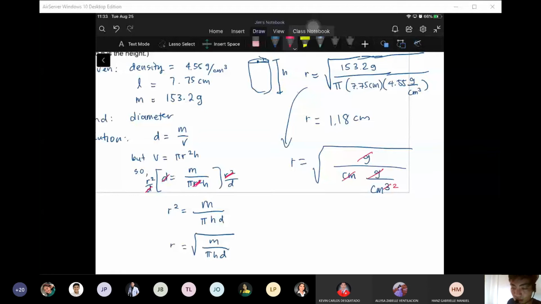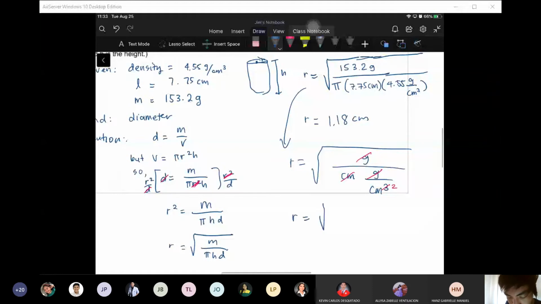So pwede natin sila i-cancel. By the way, when solving, please check the units always para hindi tayo naliligaw. Okay, so by canceling all those units, we will end up with this equation, 1 over cm square.